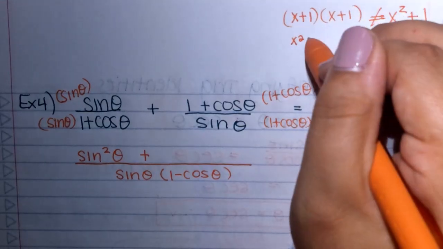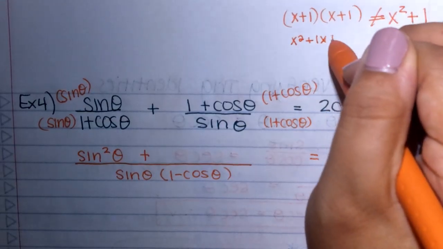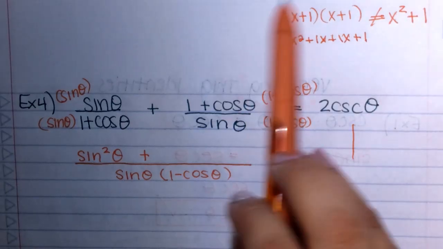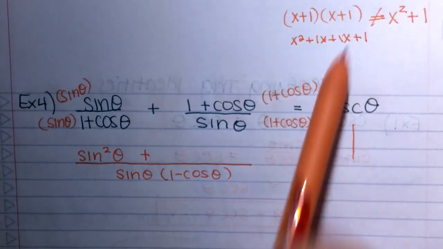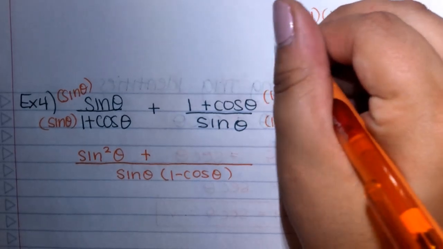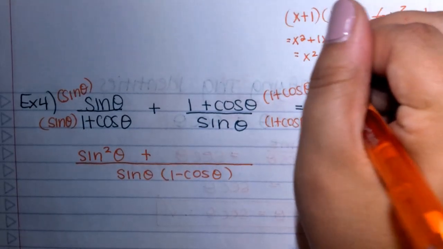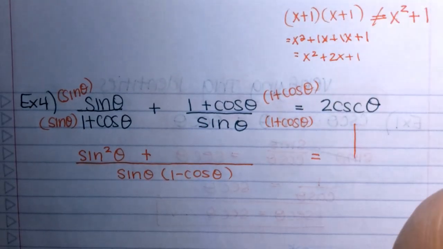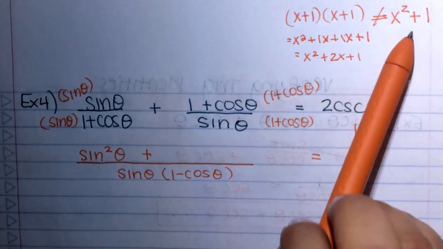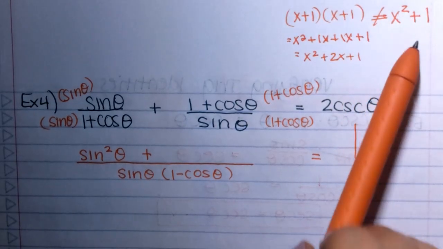X times 1, X times 1, and 1. Do y'all agree you have to FOIL it out? Double distribute, whatever you called it. So do you agree that gives me x squared plus 2x plus 1? Do you know how many times y'all tell me it's this?